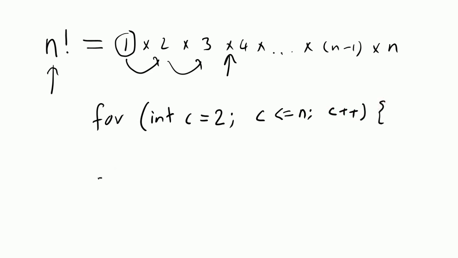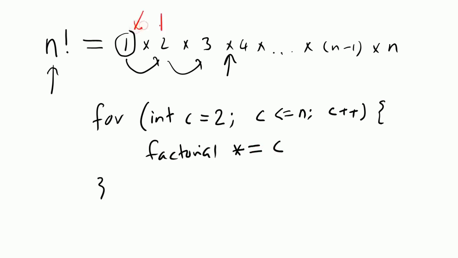And then in the body of the for loop, we accumulate factorial by multiplying, meaning we keep on multiplying factorial with c.